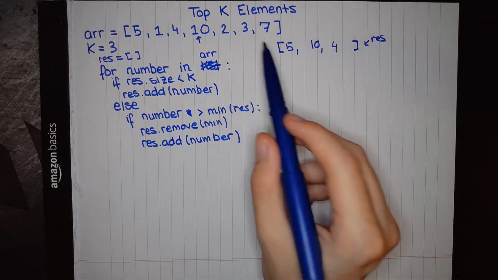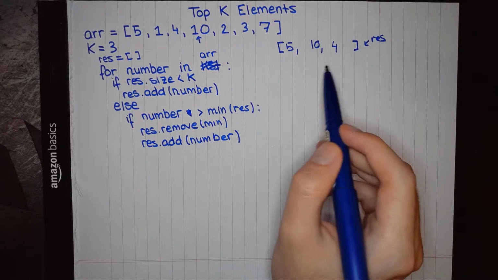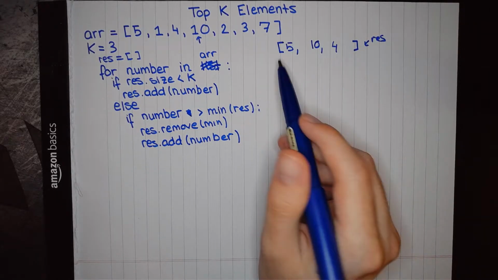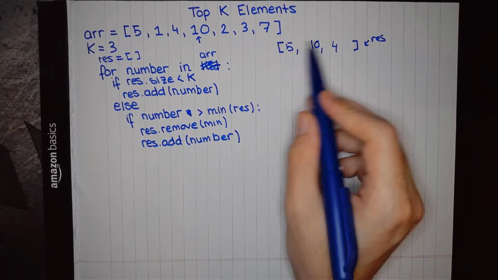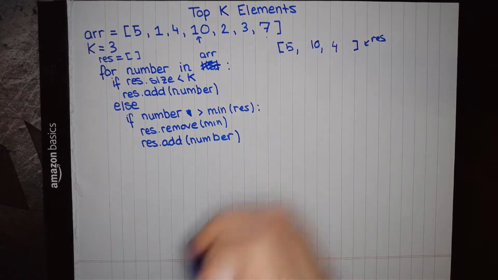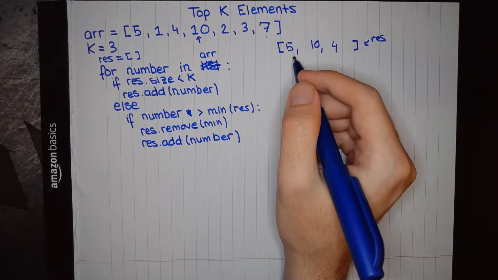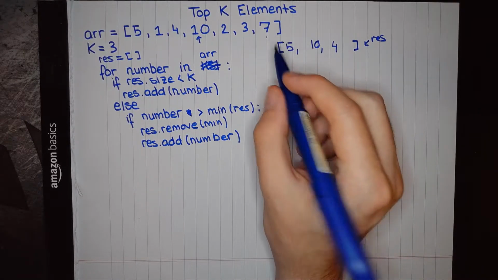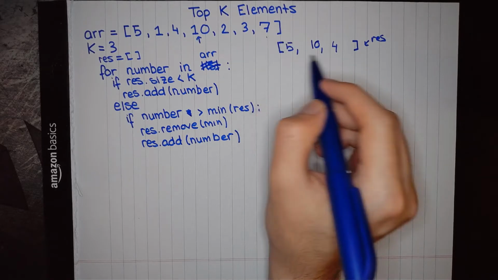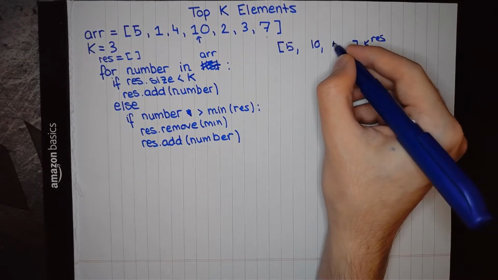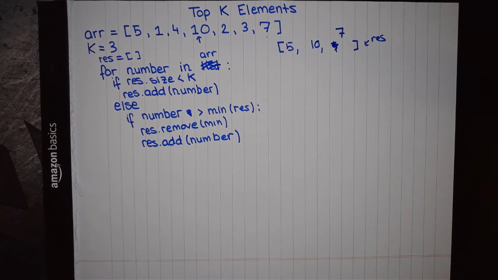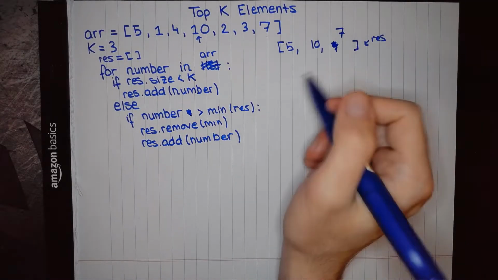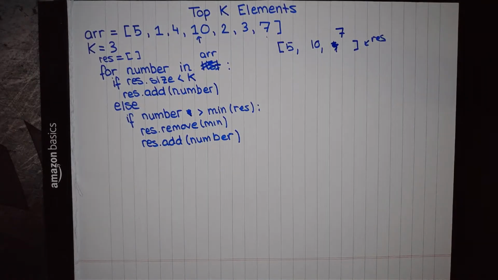So 2 is not larger than the minimum of these numbers, so we don't do anything. 3, again, not larger than any of these numbers, but 7 is larger than both 5 and 4. So we replace the minimum, which is 4, with 7. So 4 gets kicked out, is the way I like to think of it. And now we have our top 3 elements, which are 5, 10, and 7.